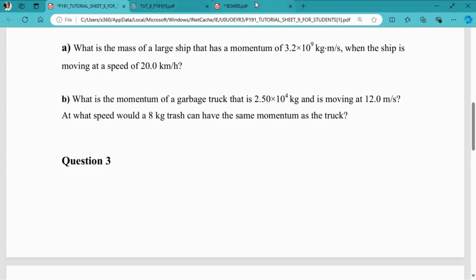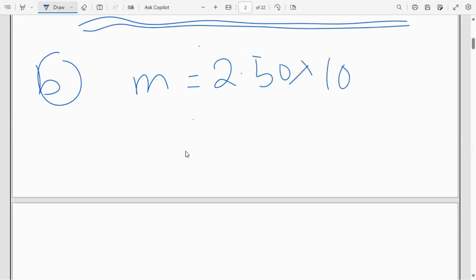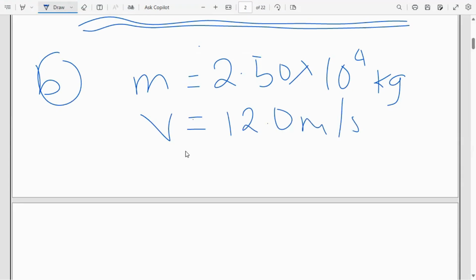This one is fairly easy. For the momentum of the garbage truck, we've been given the mass, which is 2.5 times 10 to the power 4 kilograms, and we've been given the velocity of 12.0 meters per second.